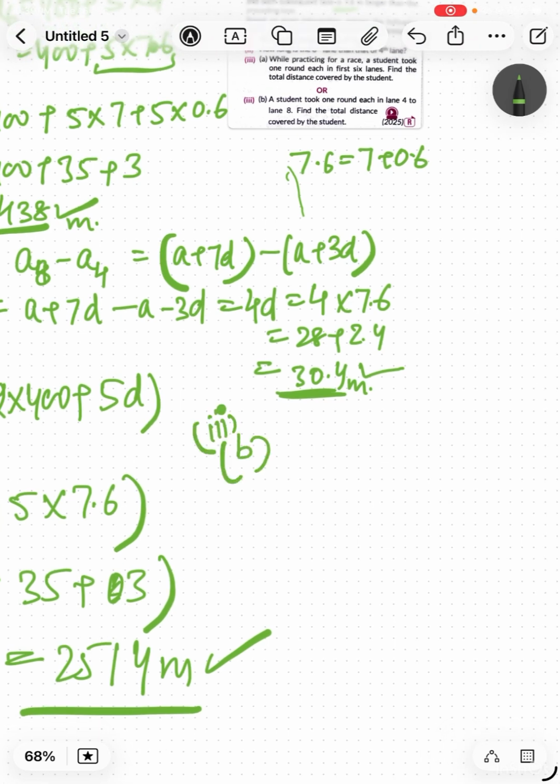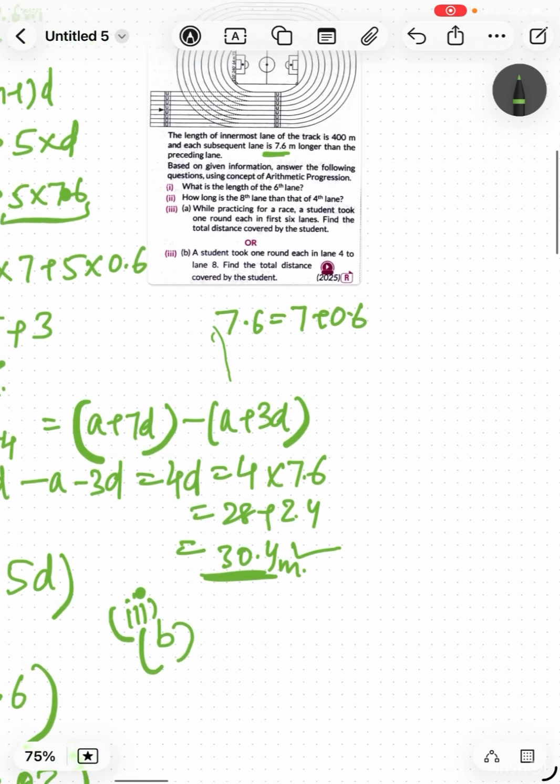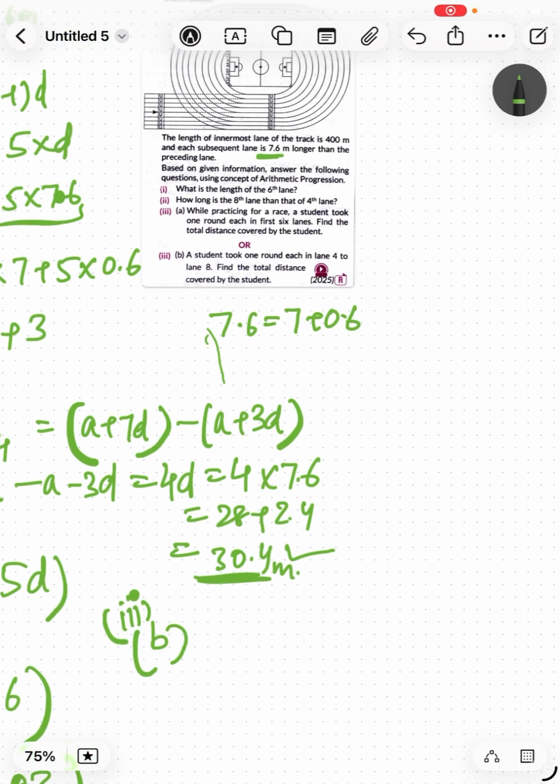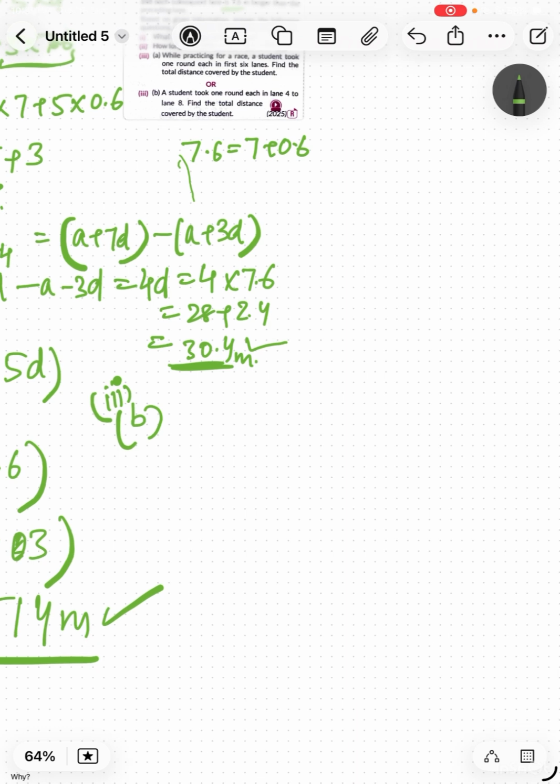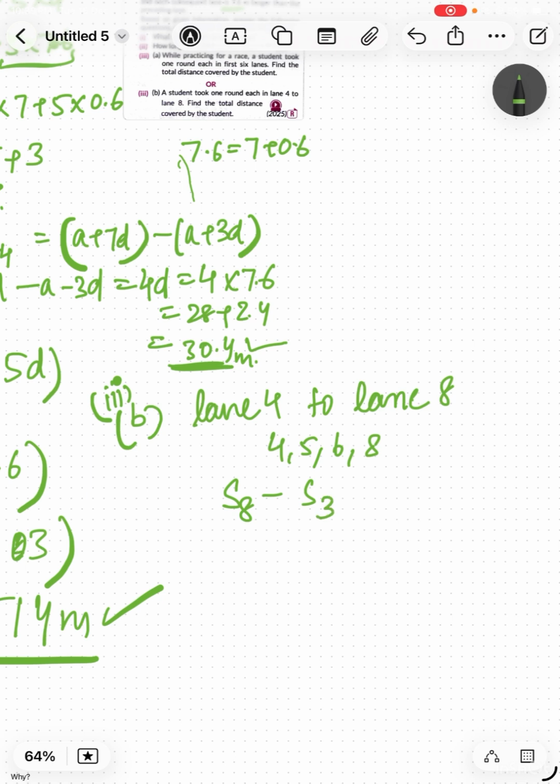Now the part B of the third question. It says that a student took 1 round each in lane 4 to lane 8. So lane 4 to lane 8, so 4, 5, 6, 7, 8. So we can directly do S8 minus S3.